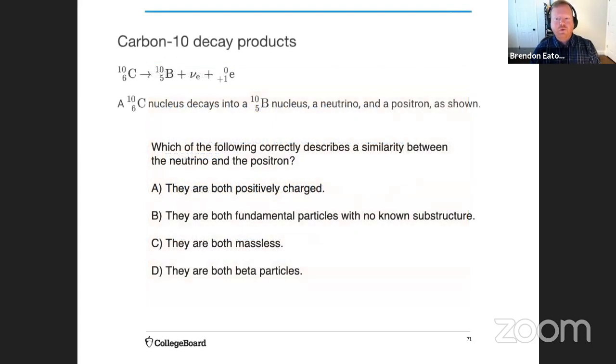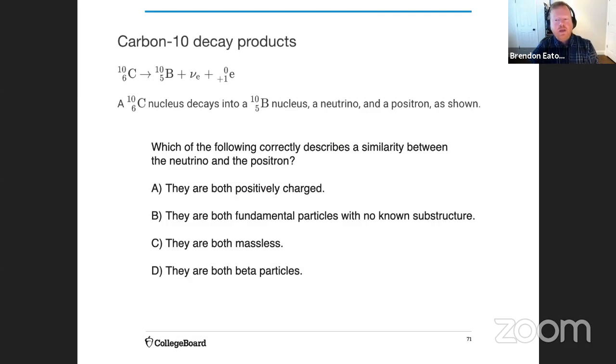Here's our first question: carbon-10 decay products. Okay, I'm going to skip past all of this junk up at the top and say, which of the following correctly describes a similarity between the neutrino and the positron? I don't think we talked about neutrinos or positrons at all in this lesson.